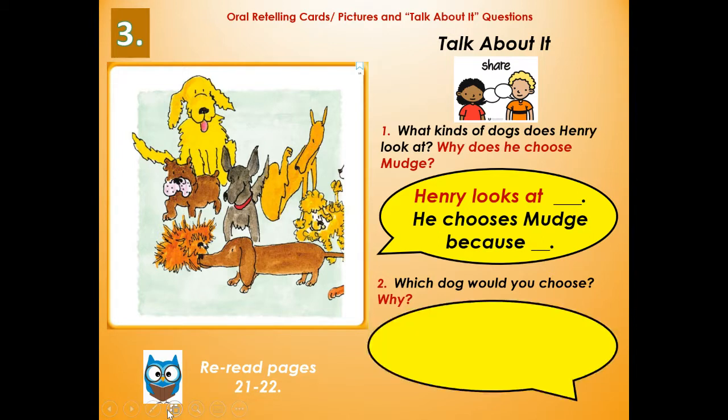So, which dog would you choose and why? If you had to choose a dog, what type of dog would you choose and why? Say that in a complete sentence. I would choose, because.